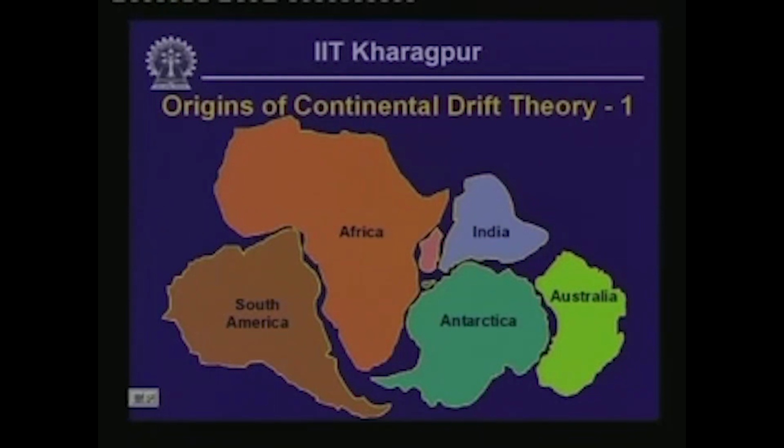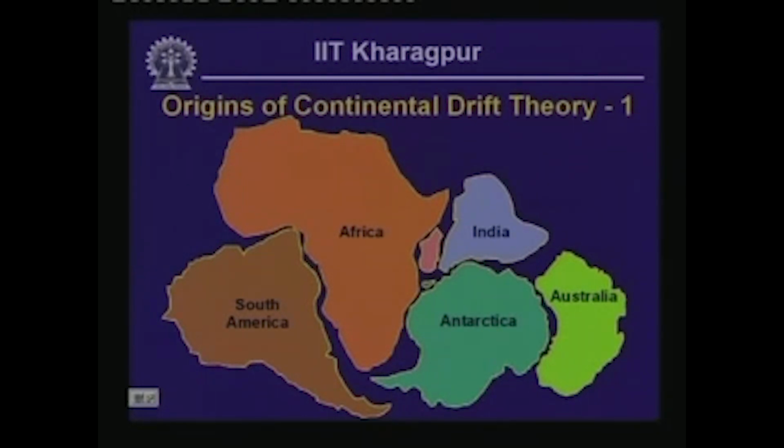For instance, the southwestern part of Africa could fit very well with the northeastern part of South America, which is separated at the present time by the Atlantic Ocean. And that is illustrated on this particular slide.